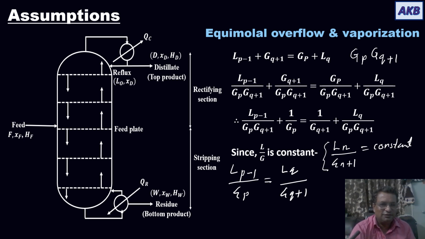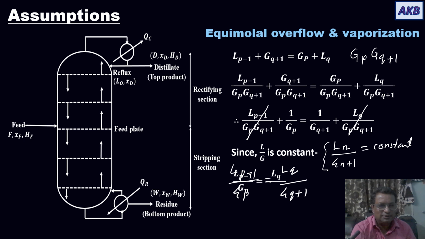That means in the rectifying section, this ratio of liquid flow coming from a tray to the vapor flow coming from the next tray, that ratio is constant. It is constant throughout the section, throughout the rectifying section. So due to this, what happens? These two terms, they are going to get cancelled out. I hope this is clear to you.